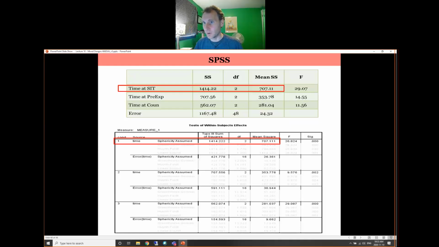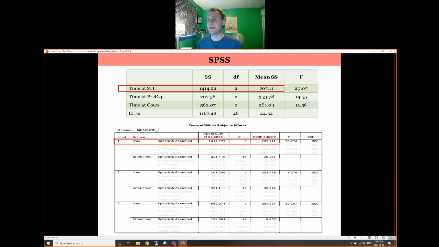Remember, our assumption of homogeneity of variance, which is super useful to us. If we assume that our data are drawn from populations that have equal variances, well then we can use all of that data in our simple effects to estimate population variance. Gives us a more stable estimate and more degrees of freedom. But SPSS, when you split the file, it doesn't know that you're doing that. It doesn't know that those other data exist.